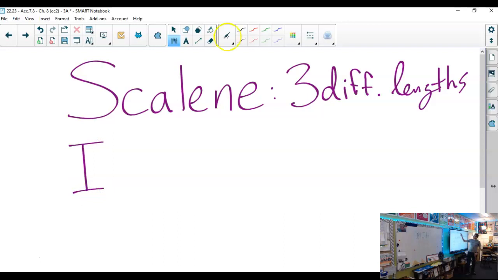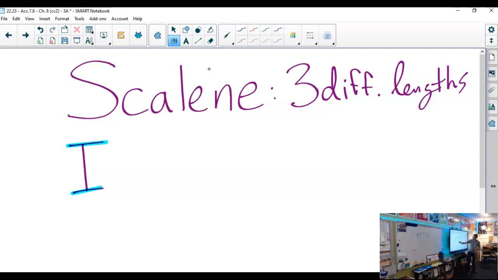Isosceles. What do you notice about the top and bottom of an eye? They're equal to each other. That is not parallel. Don't let your brain think that. The top and bottom of an eye, sure, but ignore that, because nothing's parallel in a triangle.